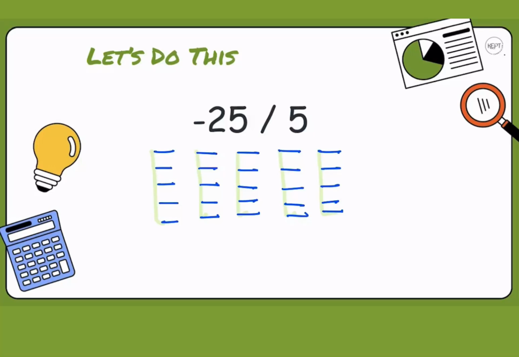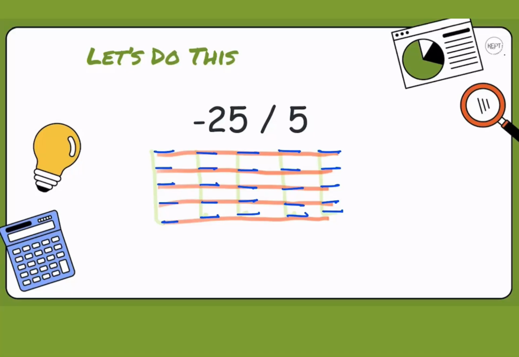I could have gone horizontally as well because that would have also given me 1 group, 2 groups, 3 groups, 4 groups, 5 groups. It's however you decide to look at it, but we know that we're trying to figure out how many are in each group when I make 5 groups.